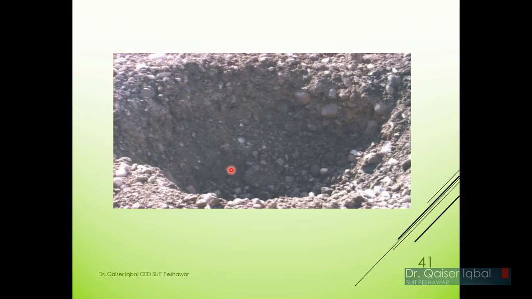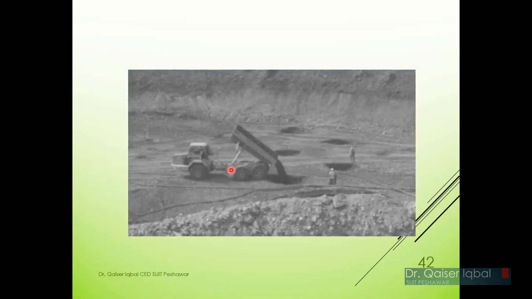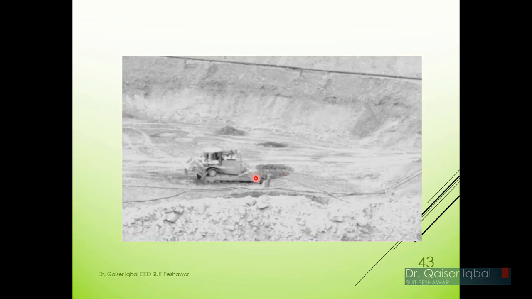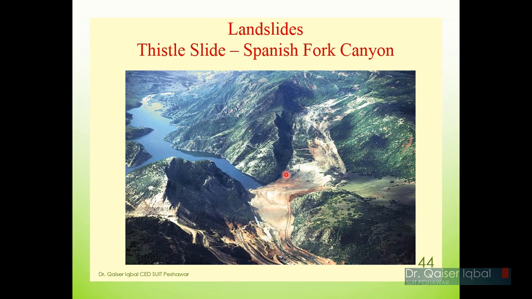You can see there's a crater over here, which is then filled with extra material borrowed in. Okay, and then we will basically level it. You can see over here a bulldozer is being used to level the ground. So once you have completed this operation, then you will have a stronger soil compared to what you previously had, and you can easily build on it.